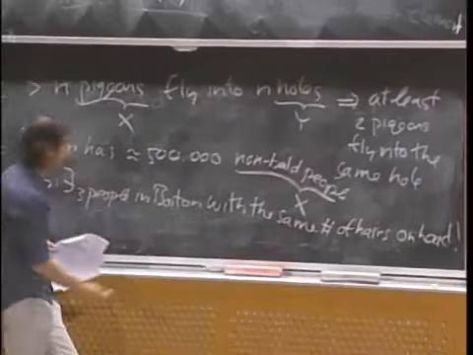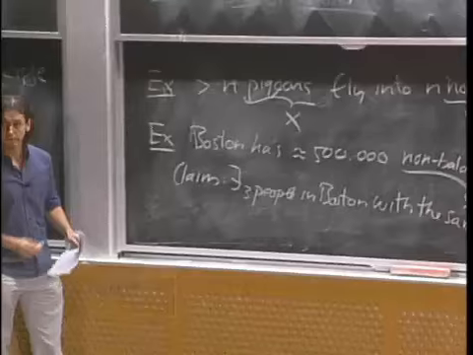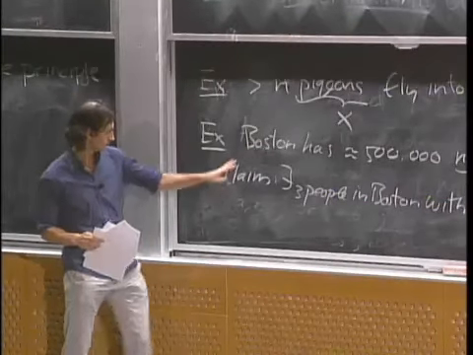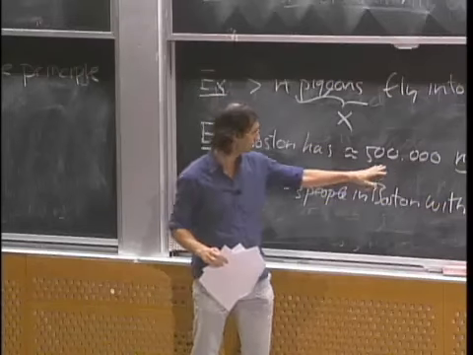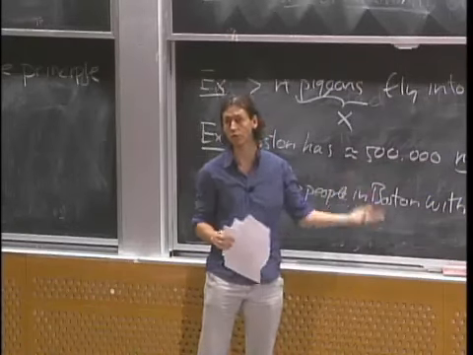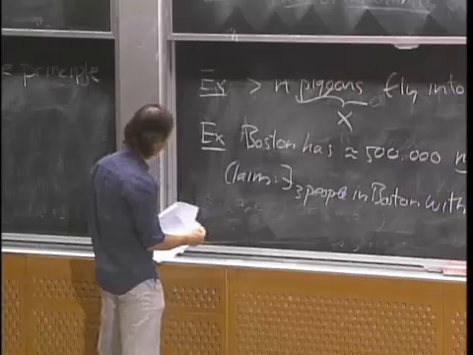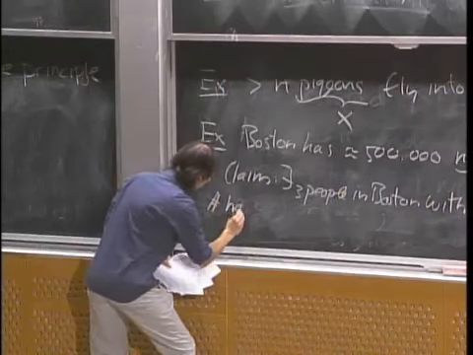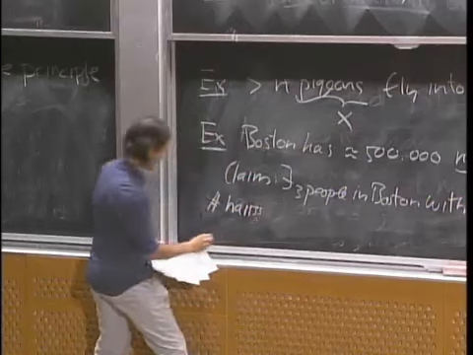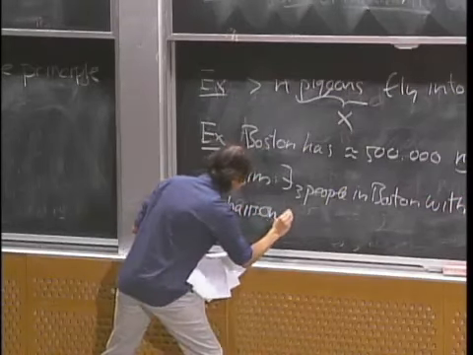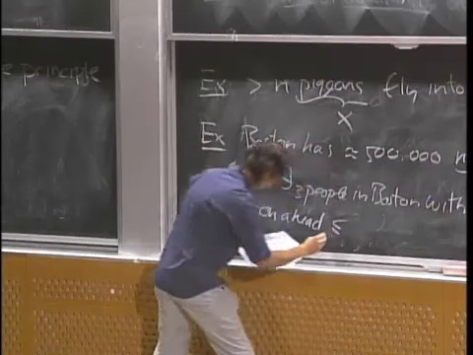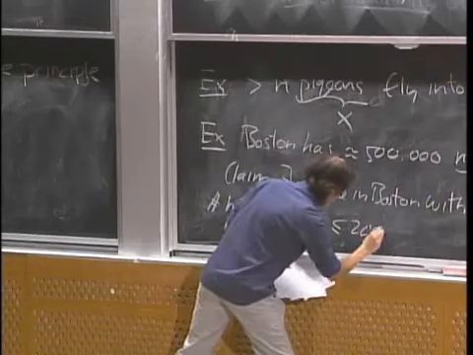So how do we do this? Well, we may generally assume that any person has at most 200,000 hairs on their head. So the number of hairs on a head is at most 200,000.